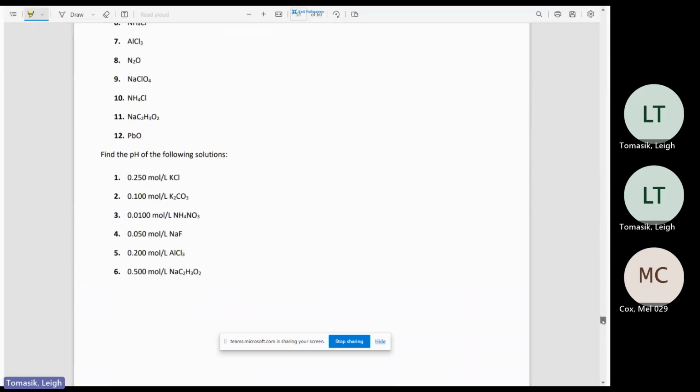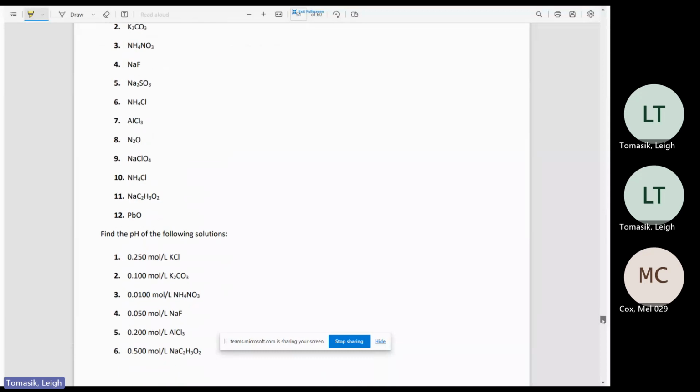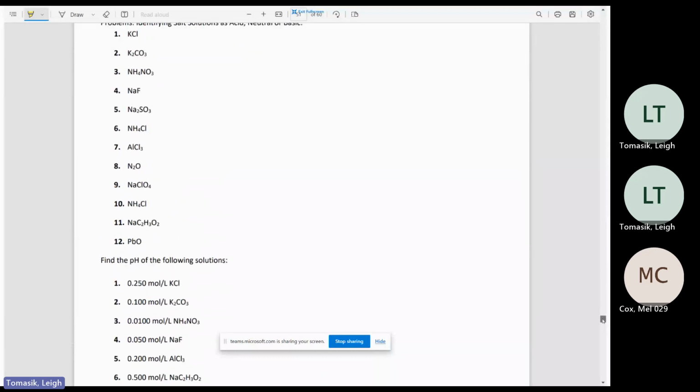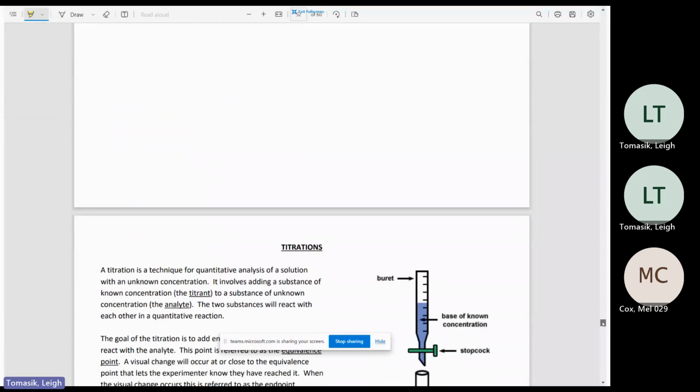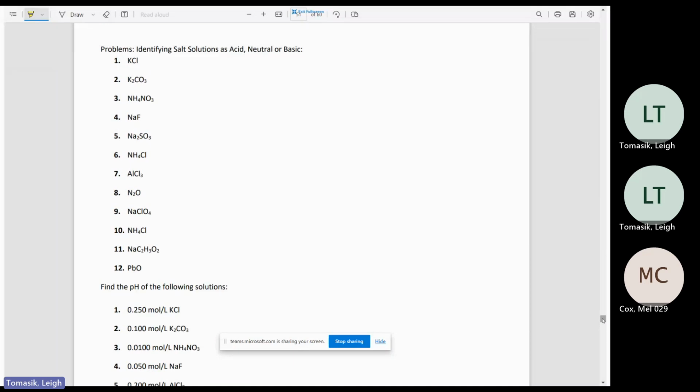And then you have some homework problems where you have to identify salts as acidic, neutral, or basic. I'm going to go through them maybe now real fast so I don't have to come up with the homework answers. So we have here KCl.